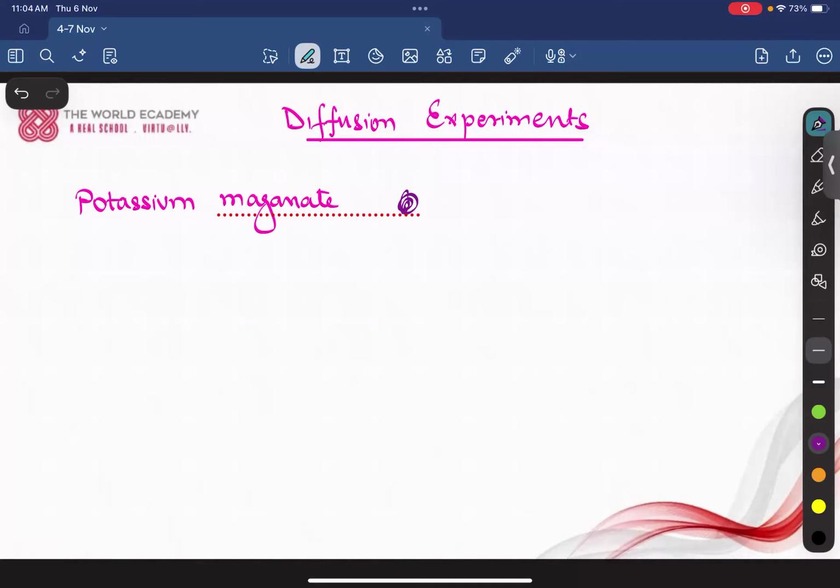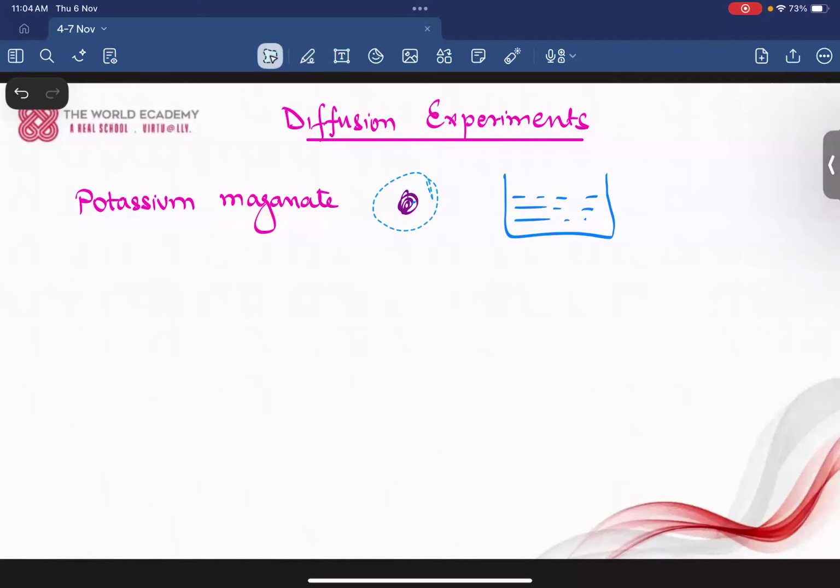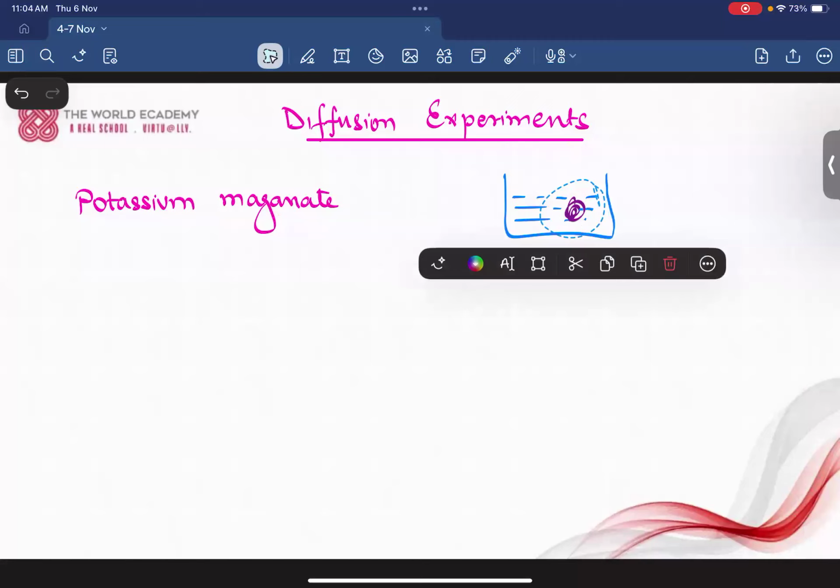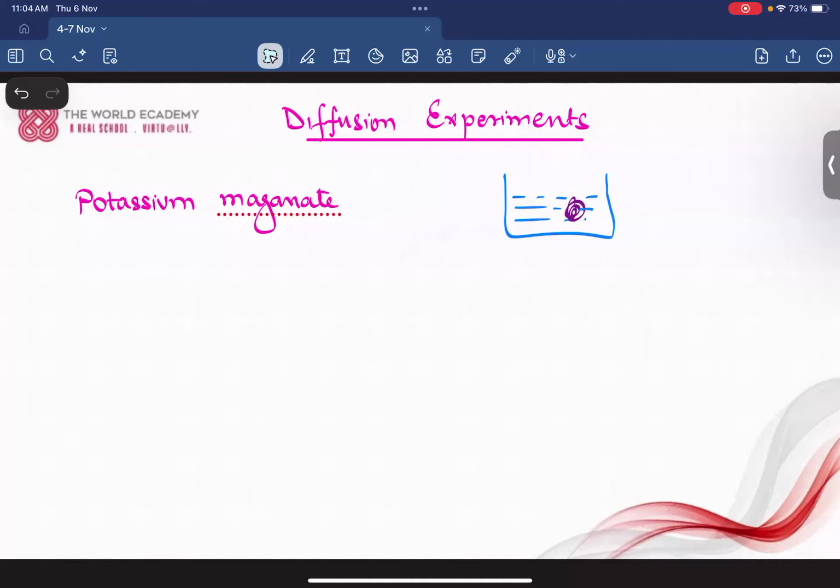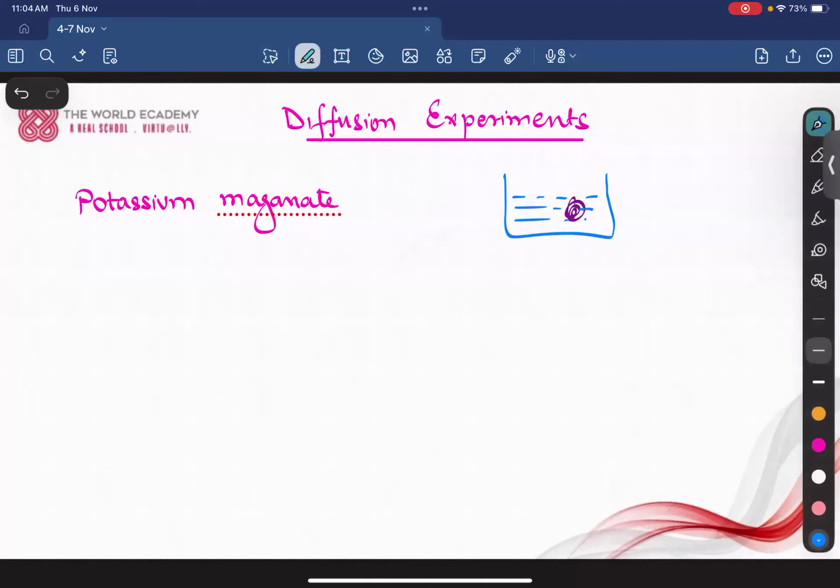Now what you are doing, you are taking a beaker full of water and putting this inside. Since this is a salt, it will start dissolving in water, and the color of potassium permanganate will slowly spread all over the place. Correct?